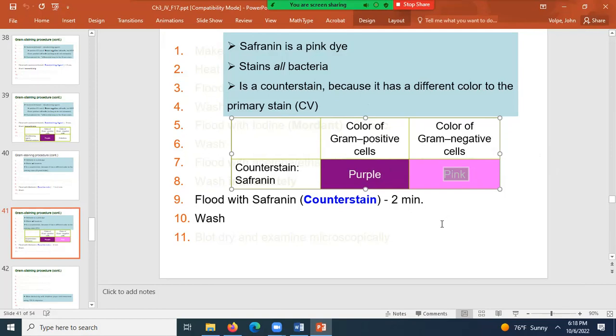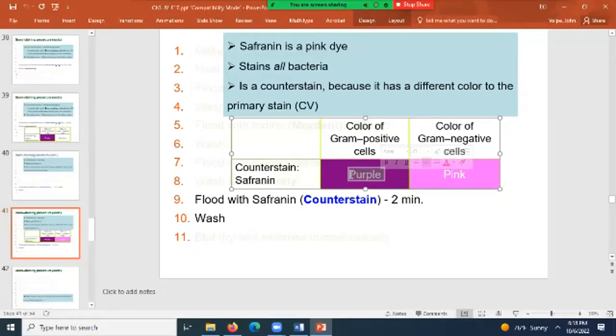All right, here's a question for you. If safranin stains all bacteria, and I just told you it gets in all bacteria, why isn't it staining the gram-positive cells pink? Why does it look purple to our eyes?